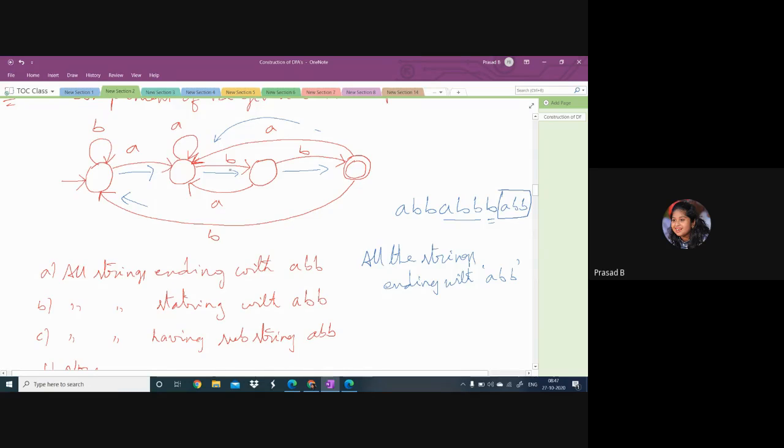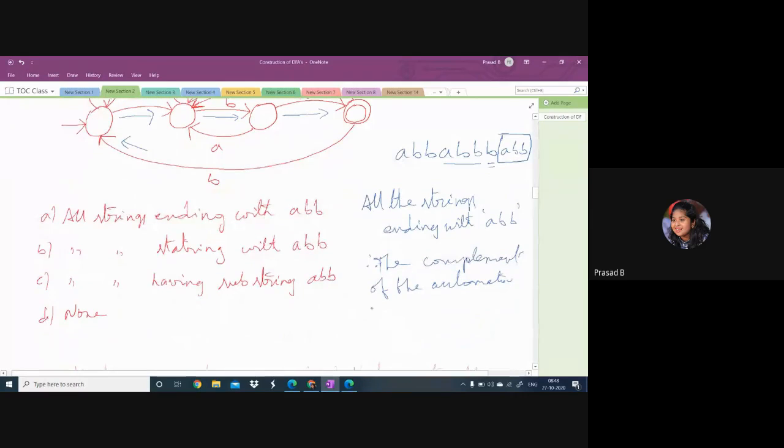So if I make all three of these non-final and this final, it accepts every string except those whose last three symbols are ABB. Therefore, the complement of the automata accepts all strings not ending with ABB.